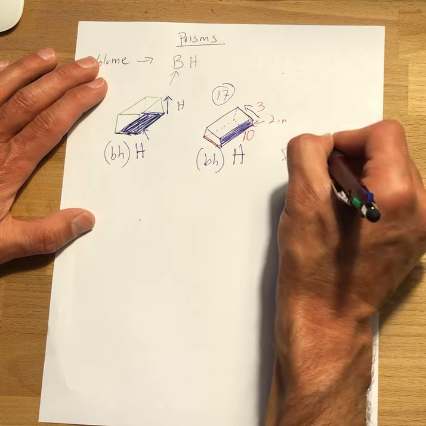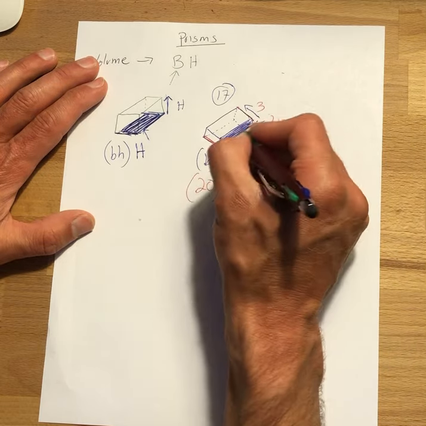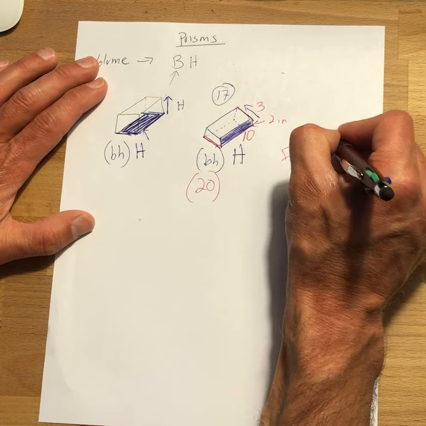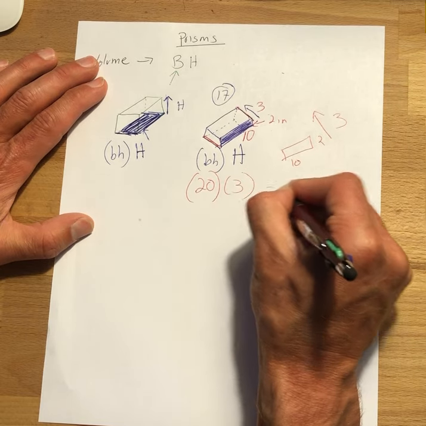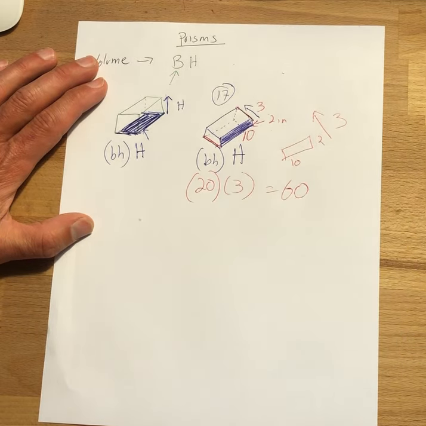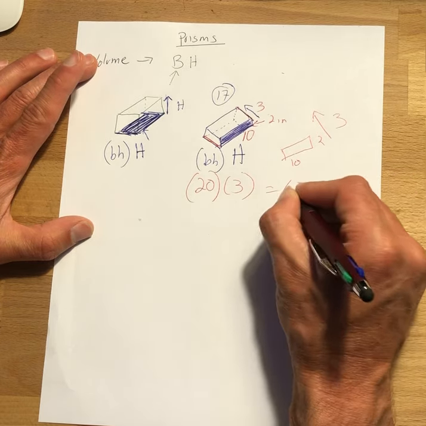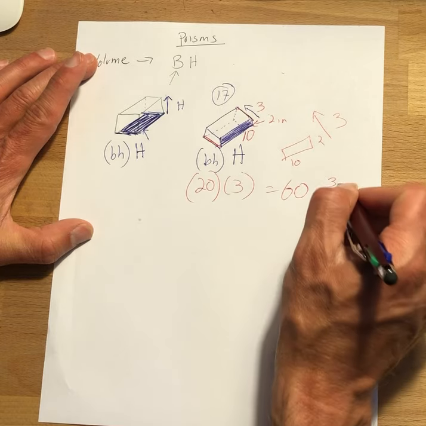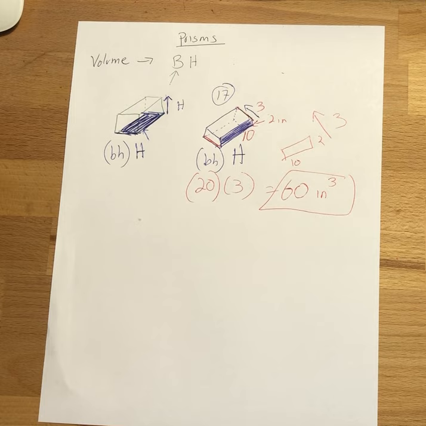This is 10 and 2. 10 times 2 is 20. That's the area of this base, 20, times how tall does this go up? 3 inches. 20 times 3 is 60. Now, the way you have to represent volume is you are going to say 60 inches cubed. It's going to be in cubic measure, and this is your answer. Always put your answer in cubic measure.